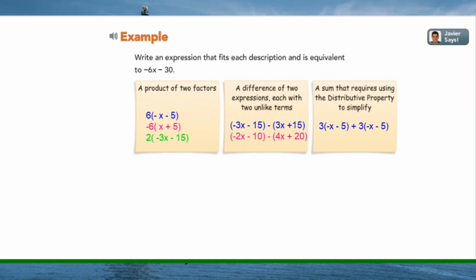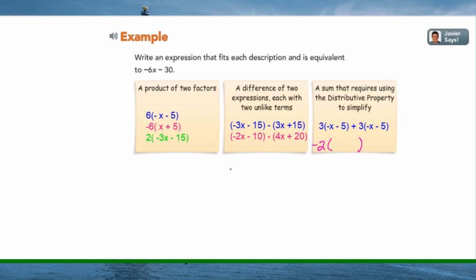Another one I can do is I'll use this template again as well. So I'm going to factor out a common factor between the negative 2x and negative 10. I can factor out either a 2 or a negative 2, but I'll go ahead and factor out a negative 2, just so you all can see how it will look once I factor out a negative number.